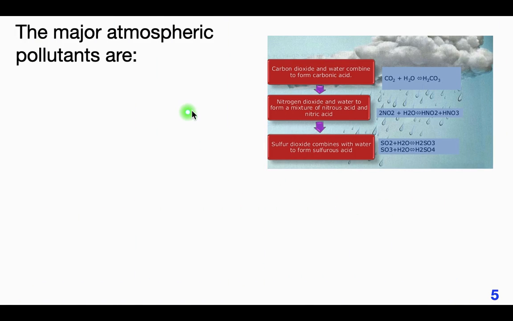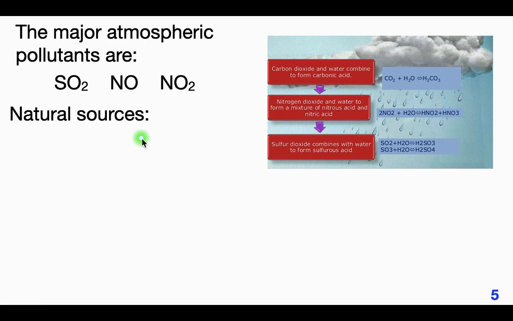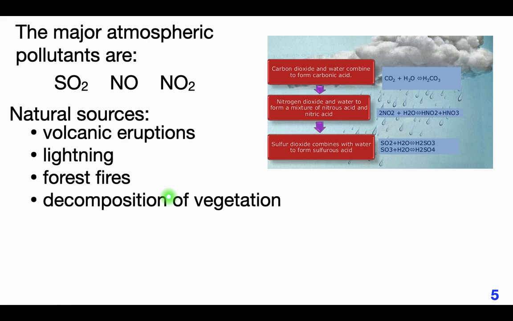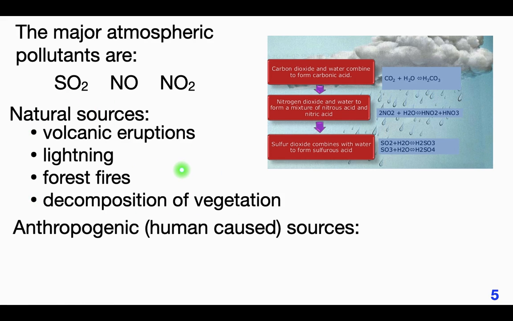The major atmospheric pollutants are sulfur dioxide, nitrogen monoxide, and nitrogen dioxide. Natural sources of these compounds: volcanic eruptions, lightning, forest fires, decomposition of vegetation. So all of this has been around since the beginning of time. Then enters the human race: anthropogenic, human-caused sources.